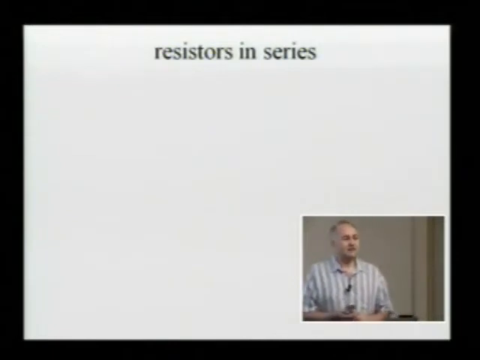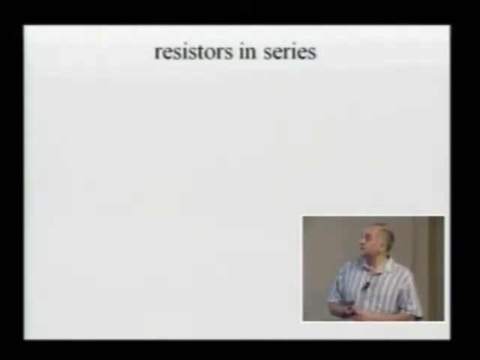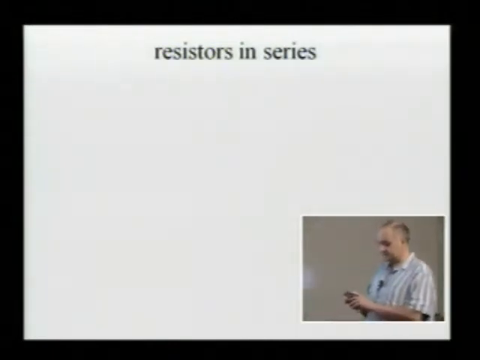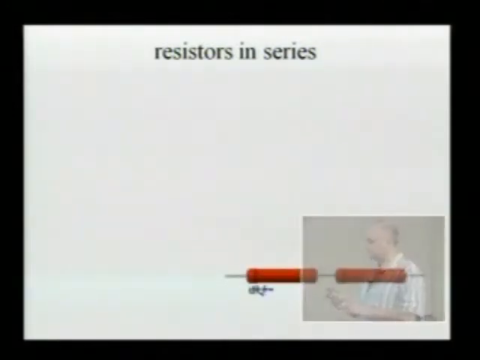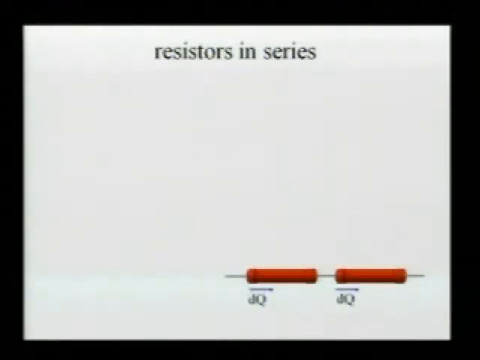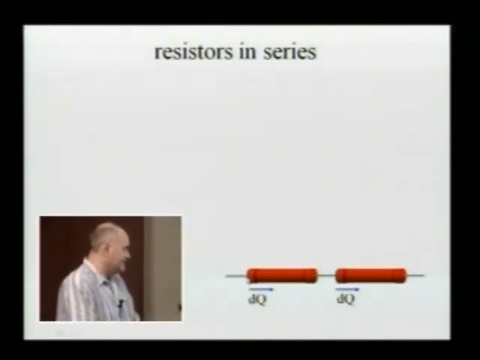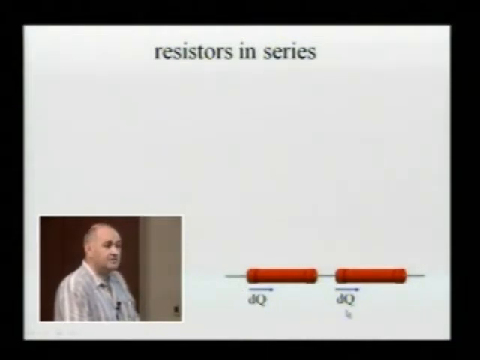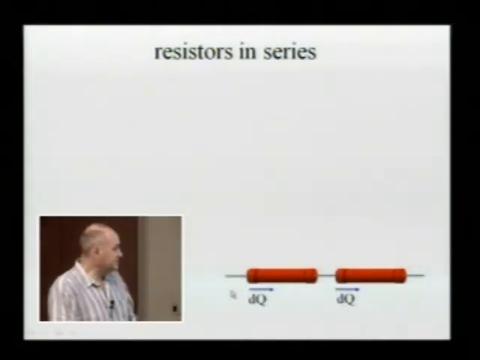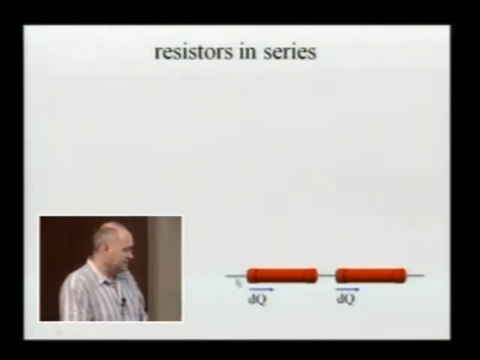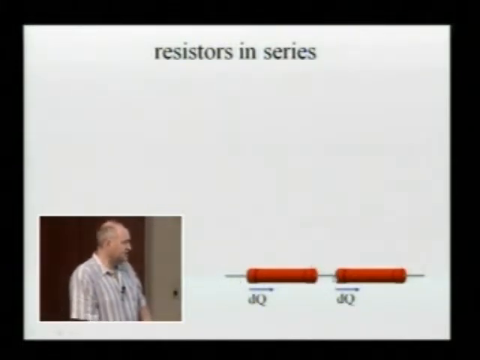Let's now take a look at what will happen if we connect resistors in series. Well, if we connect resistors in series, then first of all, it means that at any time the same amount of charge enters each element.